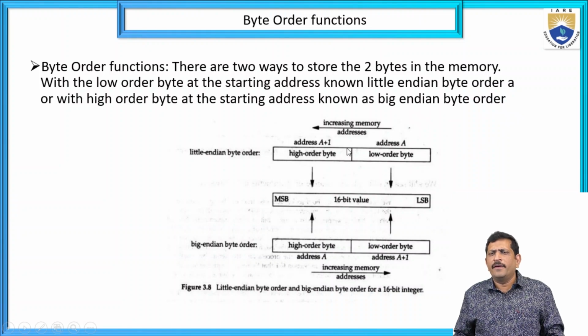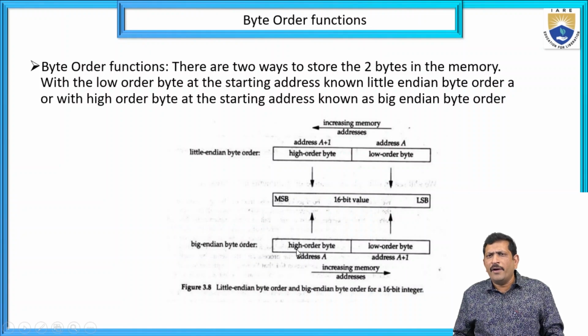So here is increasing memory address, address A, address A plus 1. In address A we can store the low order byte, and in address A plus 1 we can store the higher order byte. So it is little endian byte order. That means increasing from the low order to the high order.